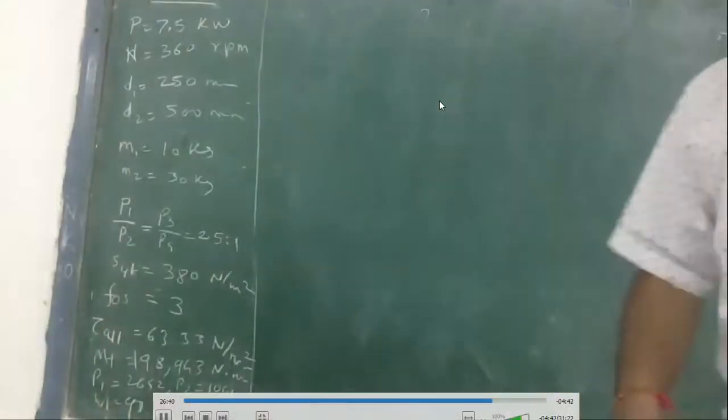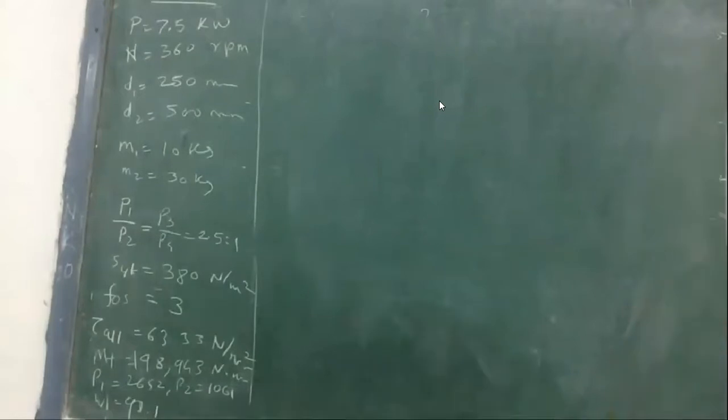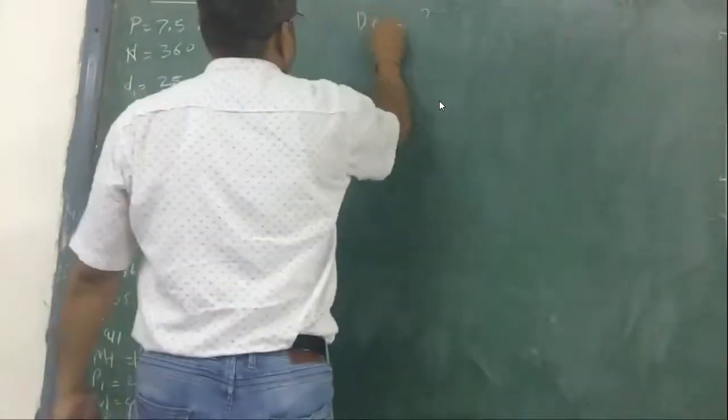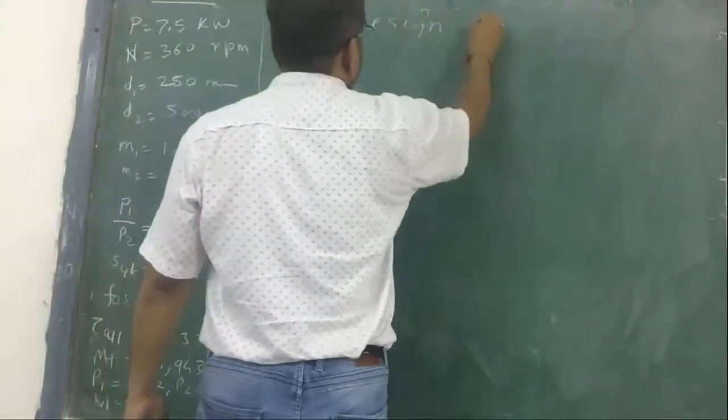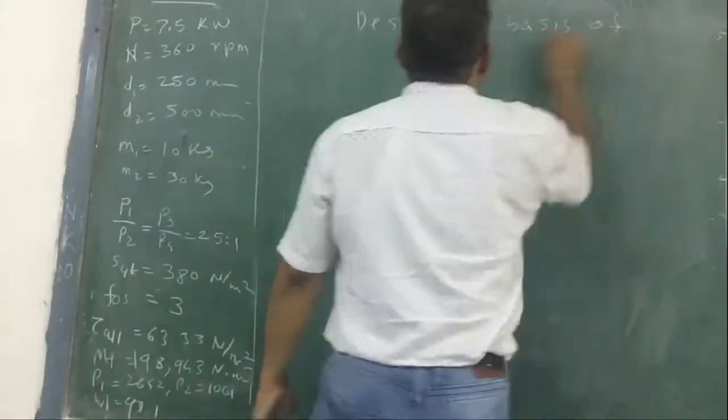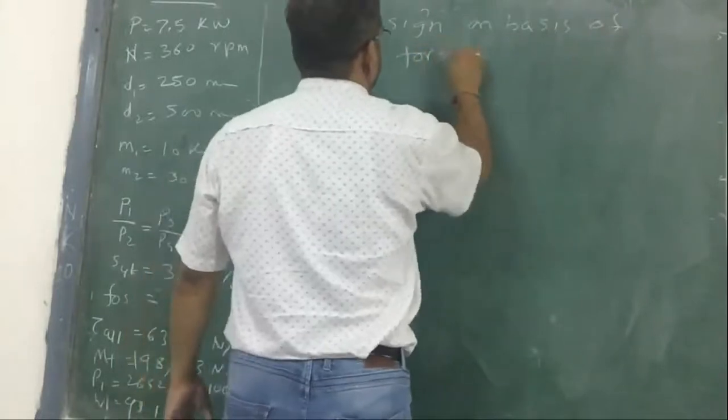Now there is something called the design on the rigidity basis, where we have to do the basic design of the shaft on the basis of torsional rigidity, right? Actually, we have called this design on the basis of torsional rigidity.